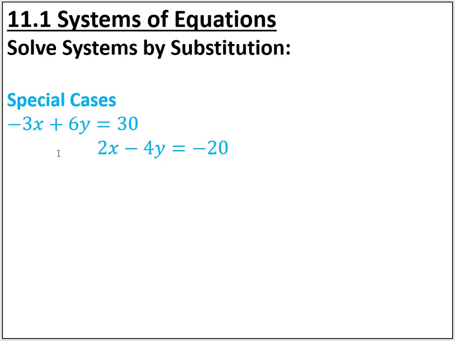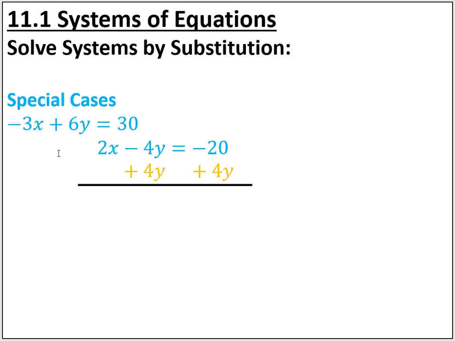As I said before, we're going to focus on the second equation. I'm going to cancel out the negative 4y, because I want to get the x by itself. And the reason is that the x has the smallest coefficient. Again, the coefficient is the number in front of the variable. So I'm going to cancel out the negative 4y by adding 4y to both sides.